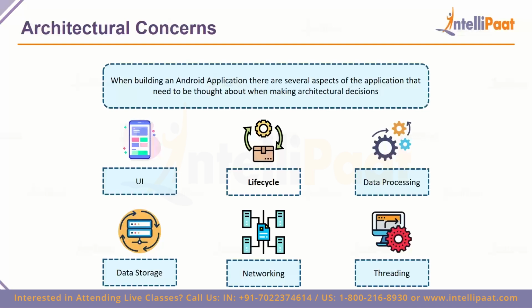If the lifecycle-aware understanding is not there, then it could be possible that when the user switches from your application to another application, the entire operating system starts behaving really slowly. Or it could be the case that the background processes are not stopped and are still running, still draining the battery, still draining the processing power, while another application is running on top of it.